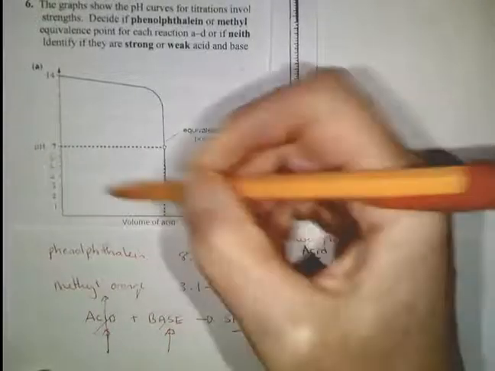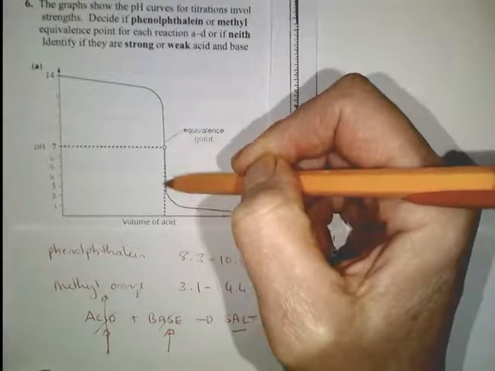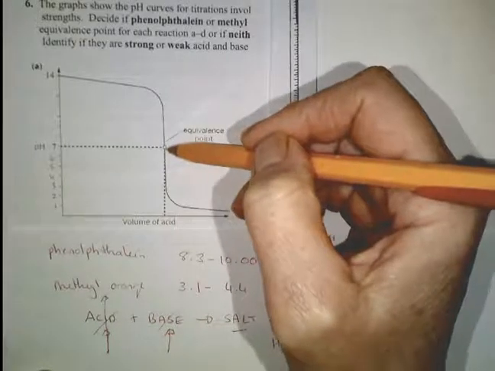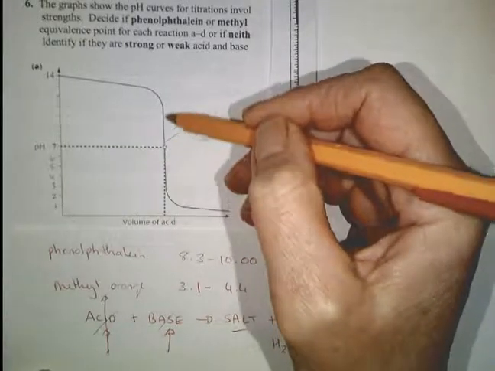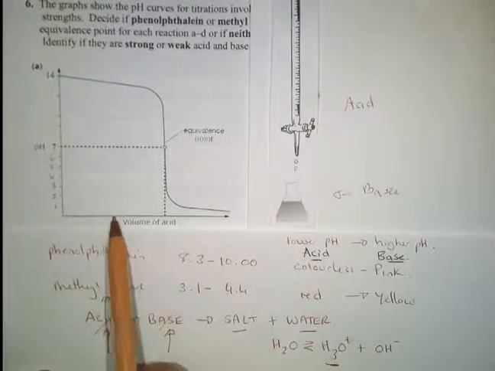So between 3 and 4 here, methyl orange changes color across here. So either one of them you could use. Bromothymol blue changes color right across the middle. So any of them, because we call this a sharp endpoint where it changes color.